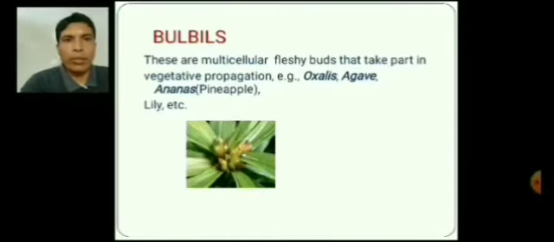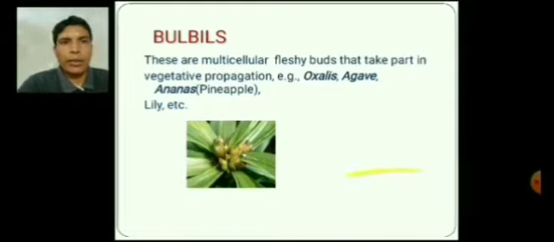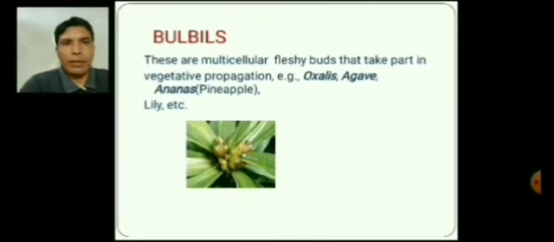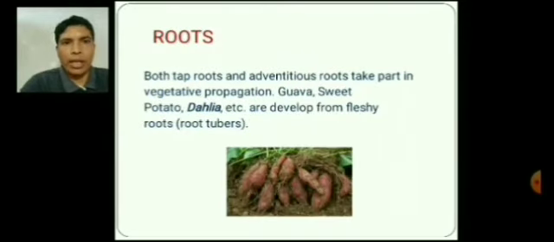So we have bulbils. Bulbils are multicellular fleshy buds that take part in vegetative propagation. Oxalis, agave, ananas, and lily have bulbils as their vegetative propagule. You have seen that oxalis also has one more vegetative propagule, that is the runner, right? So next we have roots. Some plants which have roots as their vegetative propagules are guava, sweet potato, and dahlia, right?